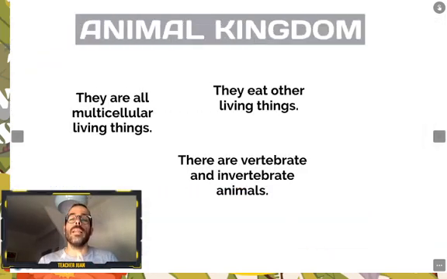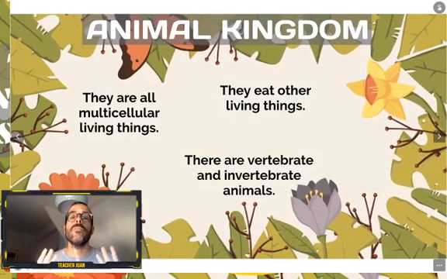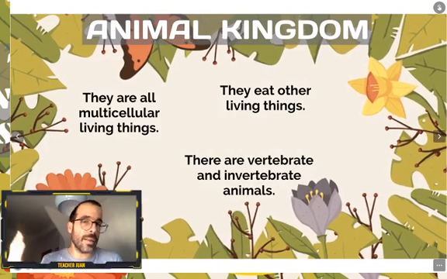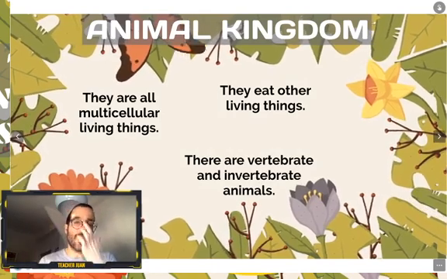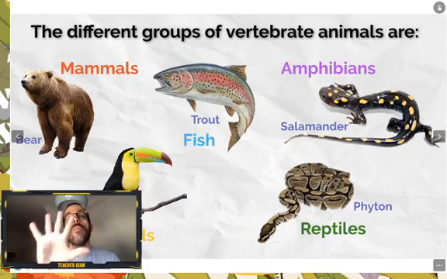Very easy. And now we can see here there are vertebrate and invertebrate animals. You know it, you have studied them thousands of times. We are going to review it a little bit. Among the vertebrate animals we can find 5 groups, as you know.